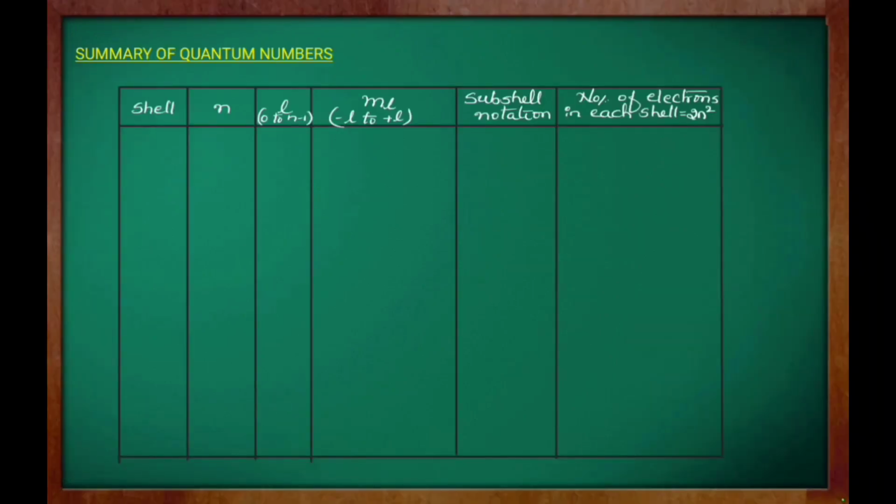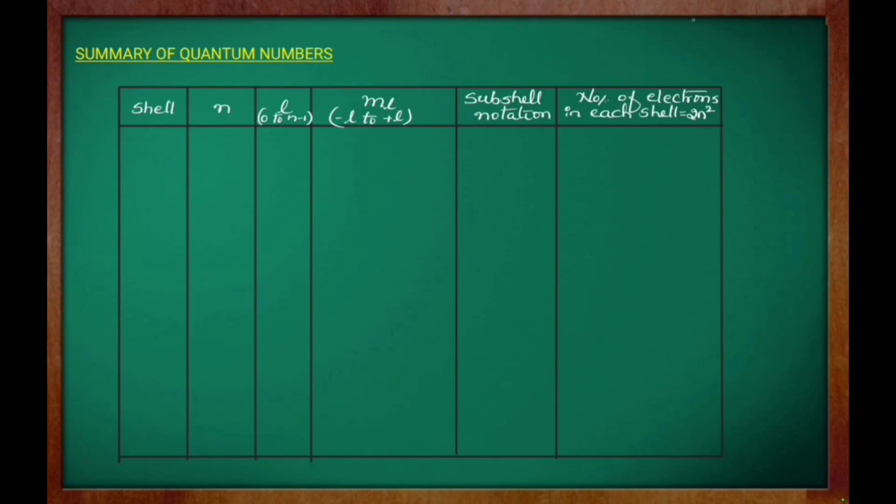Now let us summarize the different quantum numbers. Here we shall list the different shells, the corresponding value of principal quantum number and the value of L corresponding to the azimuthal quantum number. L can have values from 0 to n minus 1.